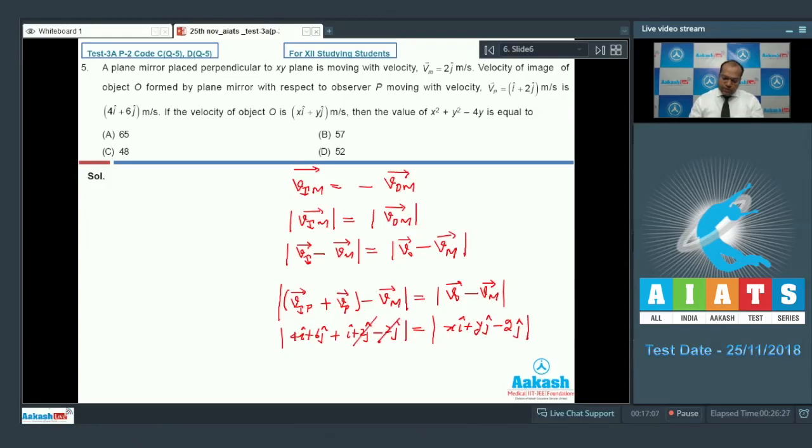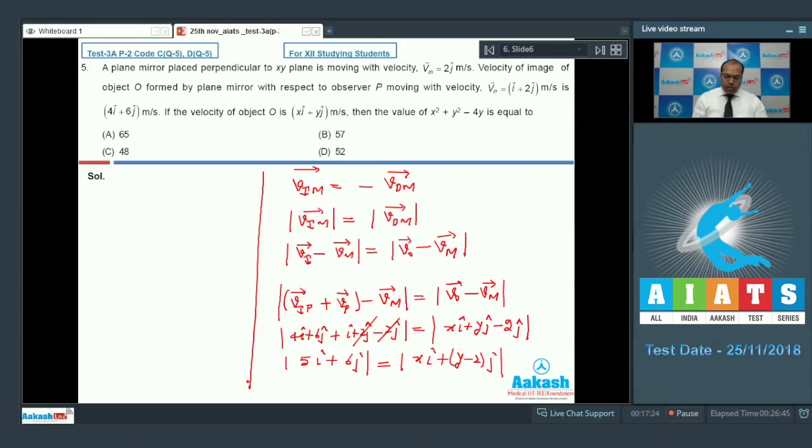So on solving this, it comes out to be mod of 5i cap plus 6j cap is equal to mod of xi cap plus (y minus 2)j cap.